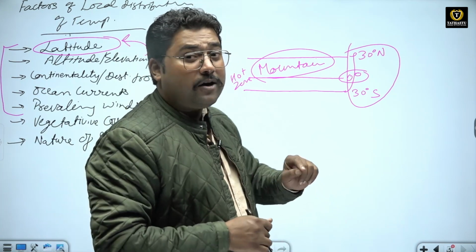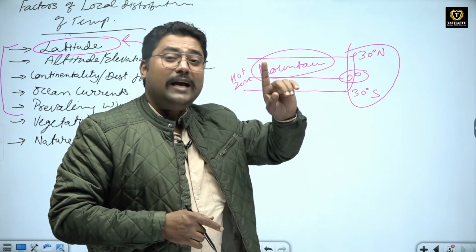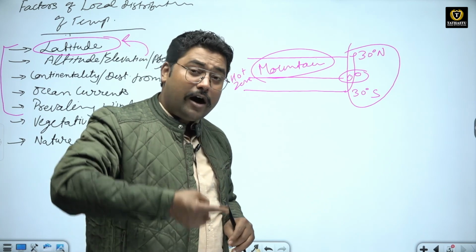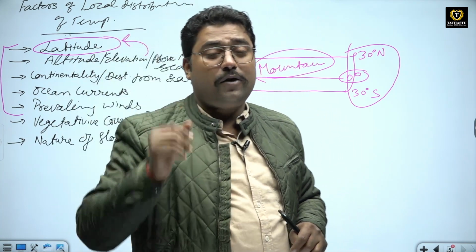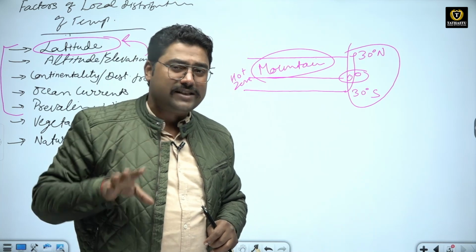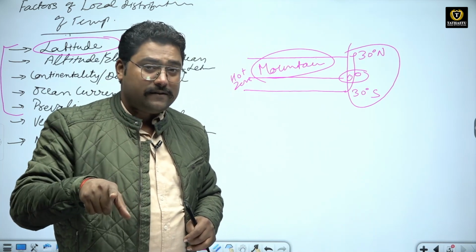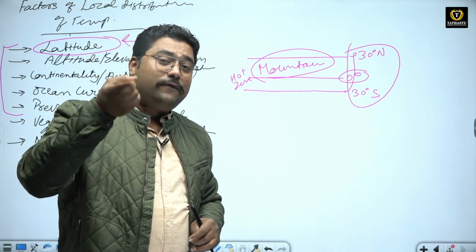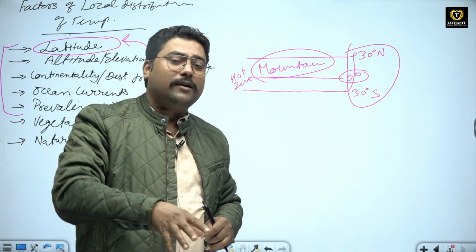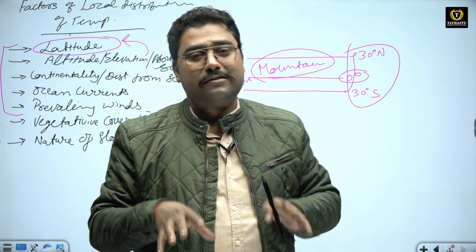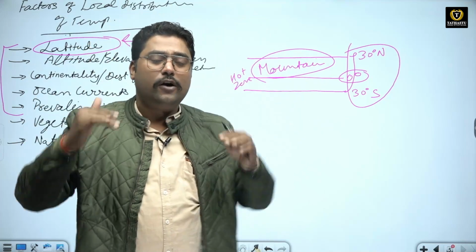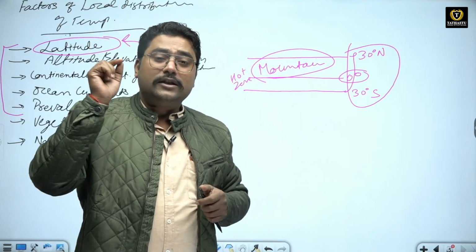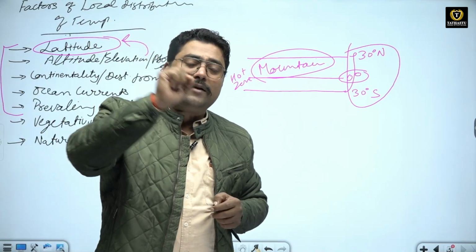Why? Because mountain means elevation, we are moving up in the atmosphere, and when we move up in the atmosphere the temperature will decrease. This means even after sitting on the equator, if the place is located on an elevated platform or a mountain, the temperature is going to be in minus.